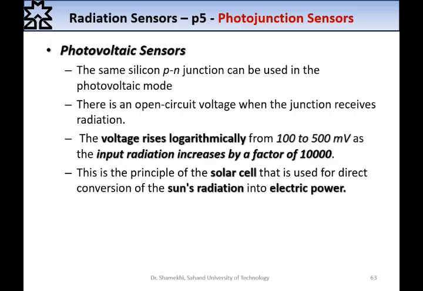When the junction receives radiation, the voltage rises logarithmically from 100 to 500 millivolts as the input radiation increases by a factor of 10,000.